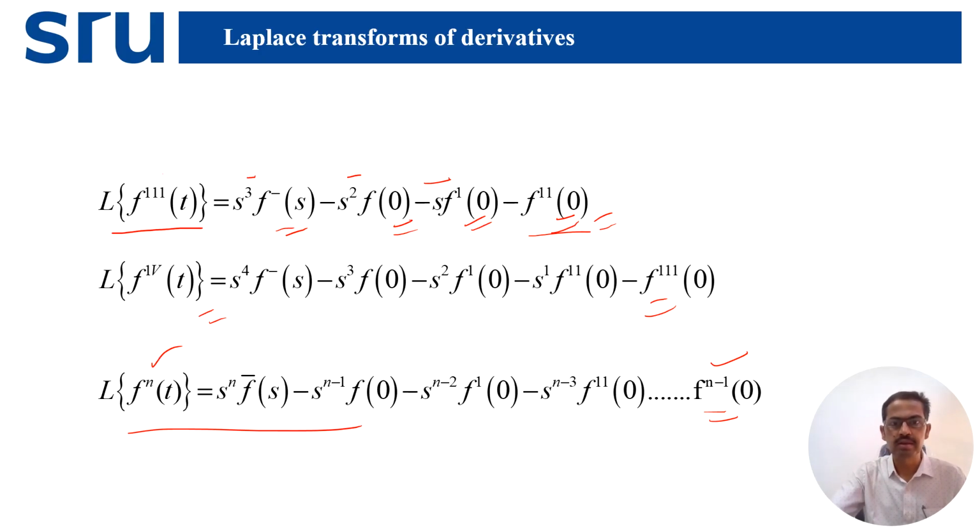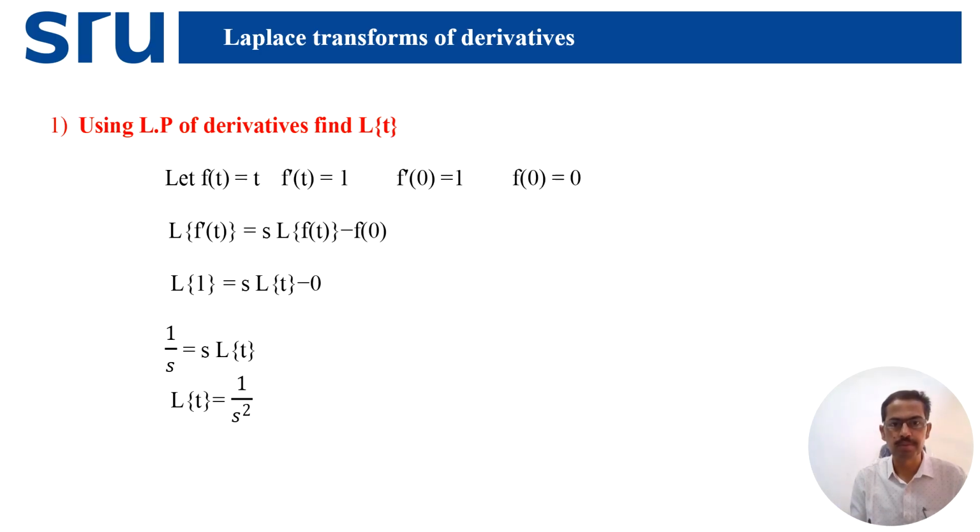Using this, we can solve some problems on derivatives. Using the Laplace transform of derivatives, calculate the Laplace transform of t. First, assume f of t is equal to t. Then f dash of t, the derivative of t, is 1.